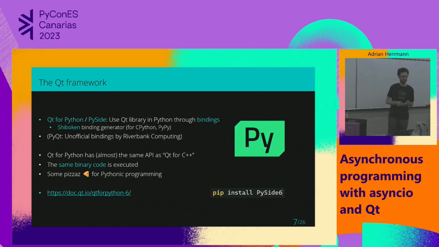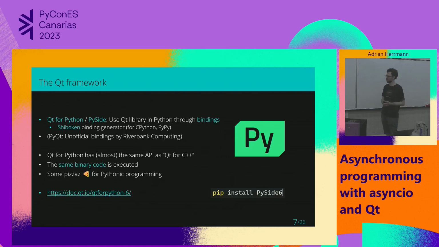The API is almost the same. So the idea is to use Qt in Python, but you don't make any compromises. You've got the full power of the entire API, of the entire framework. It's the same binary code that's executed after all. You just get some syntactic sugar so that programming is more Pythonic and better in every way if you're a Python programmer.